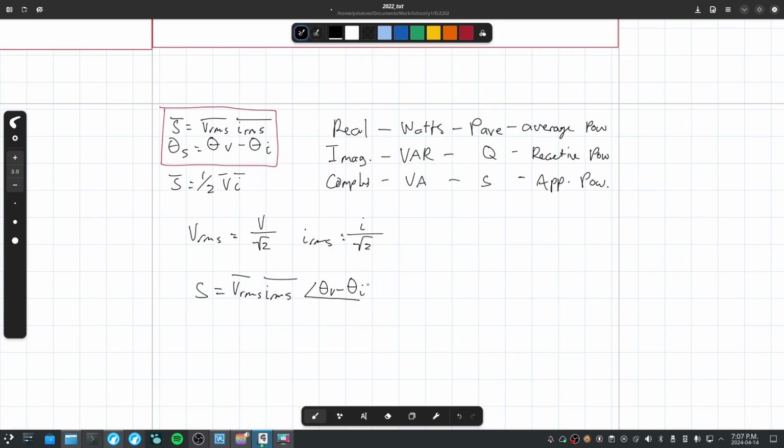You'll get the wrong phase. You have to do this. And remember, this hat on top means magnitude here. S is apparent power, complex power. When you're putting it into the triangle, Q is the height of the triangle, P is the base, and S is the hypotenuse, right? Yes.